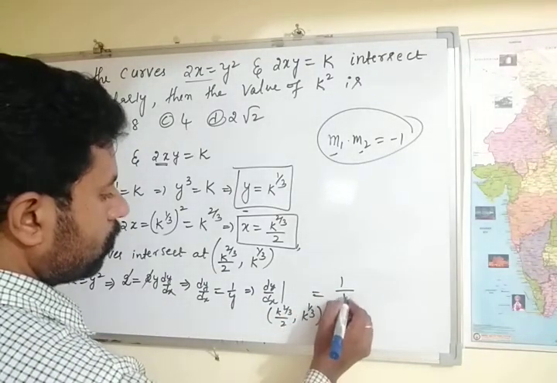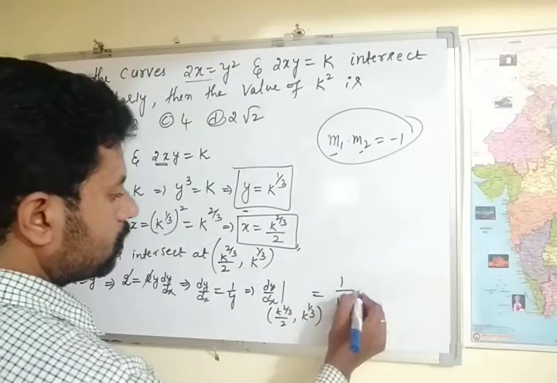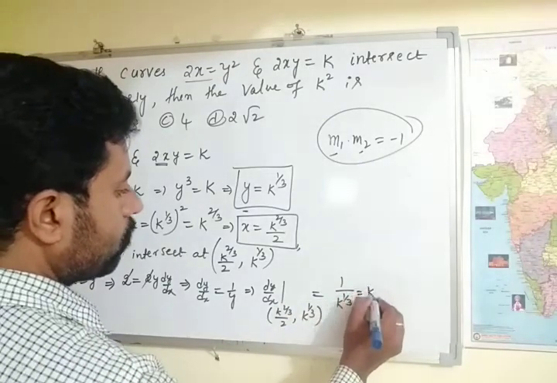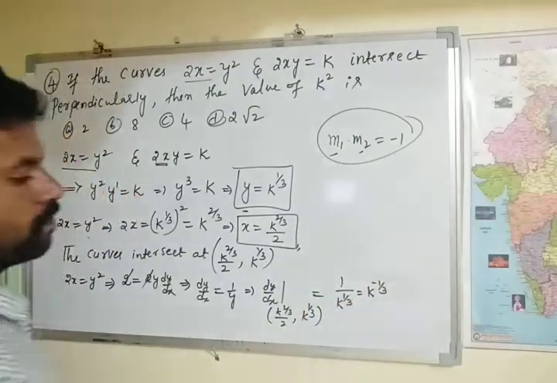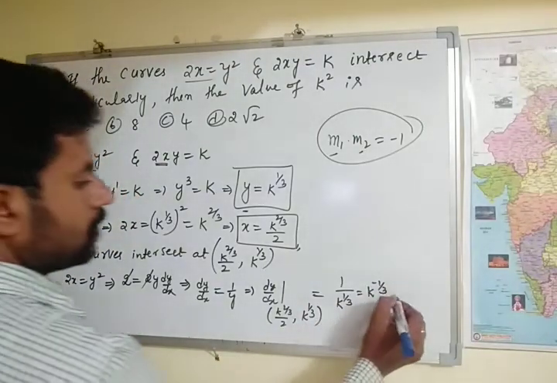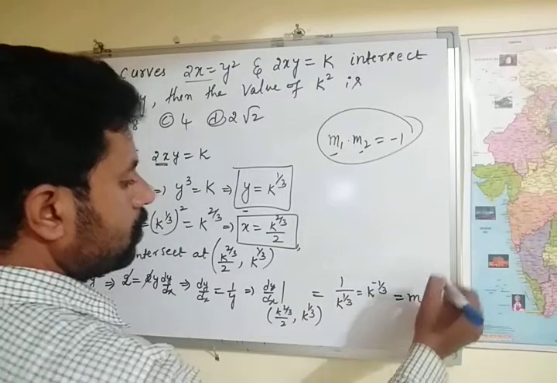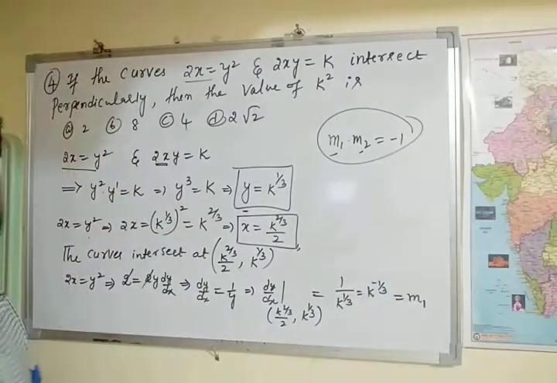K to the power 1 by 3 transposed to the numerator, we take the numerator k to the power minus 1 by 3. Say here we consider this result is m1. The first slope using the first curve 2x is equals to y square, we get m1.